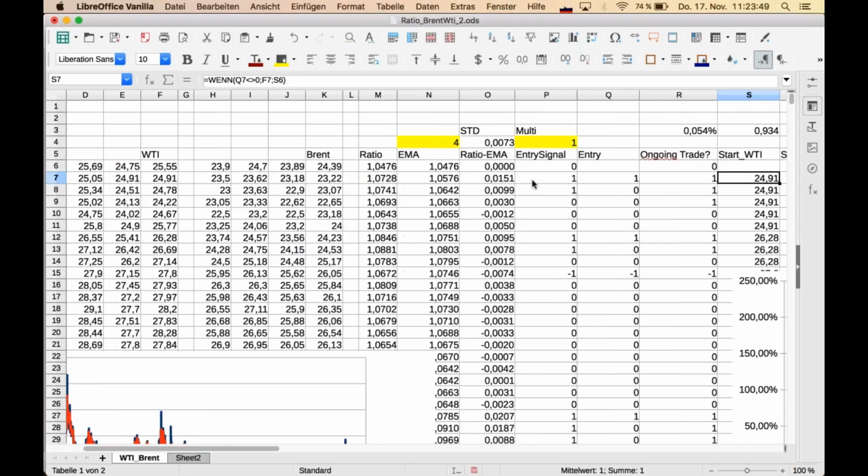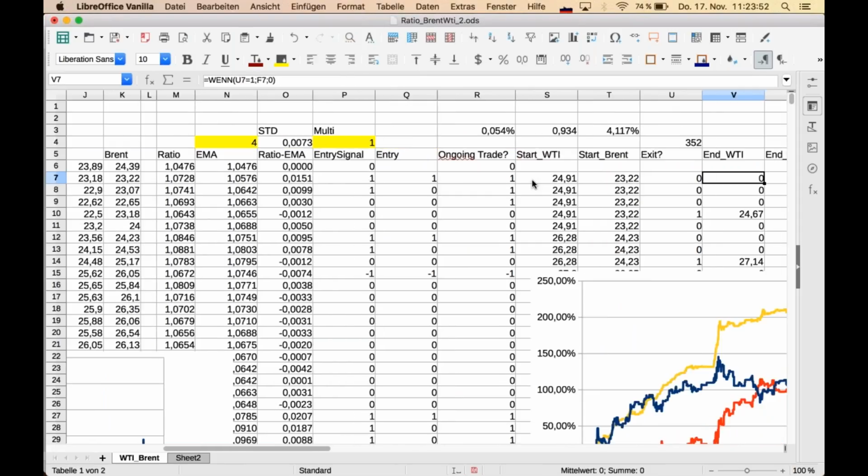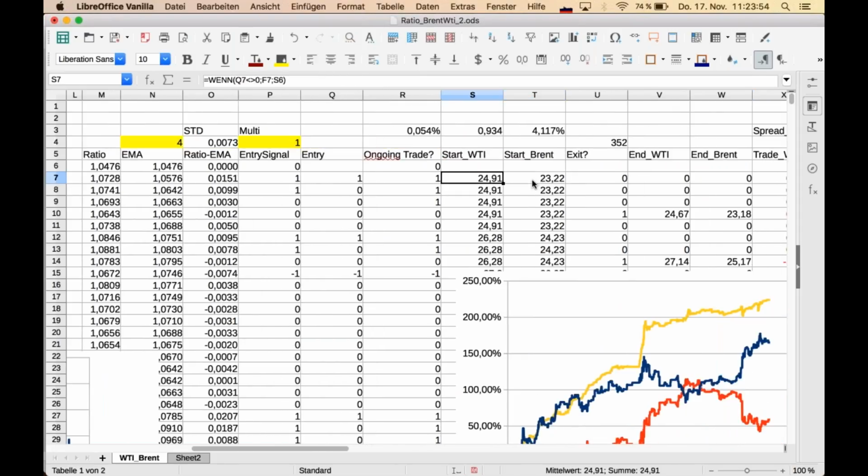So, what we do is we look, hey, do we have an ongoing trade? We store, we remember what have been the start values for the Brent and the WTI trade, and finally we look for the exit of that trade.